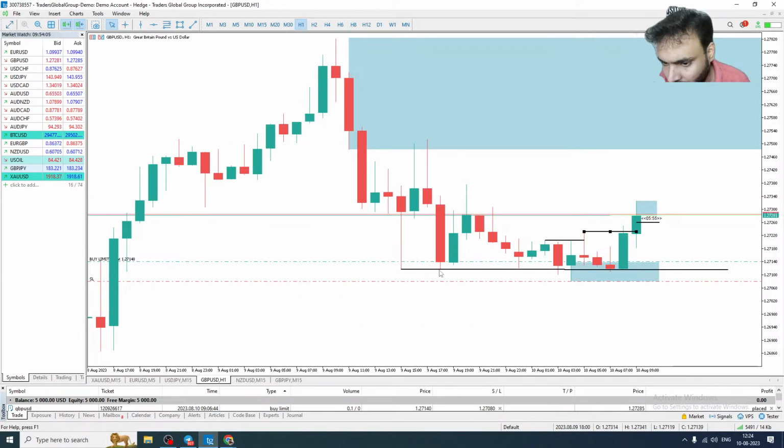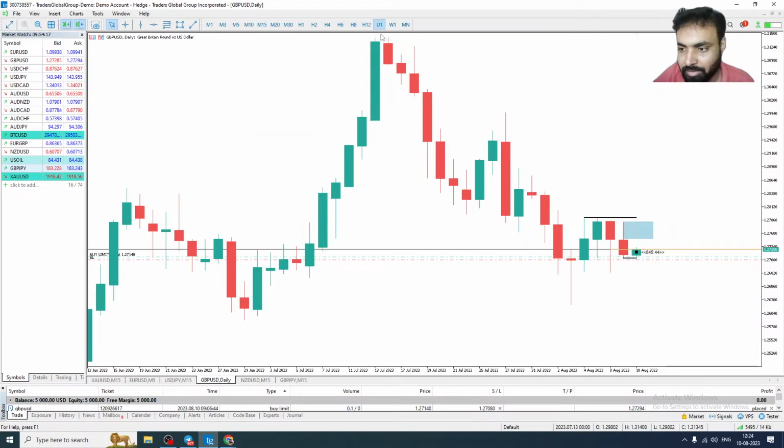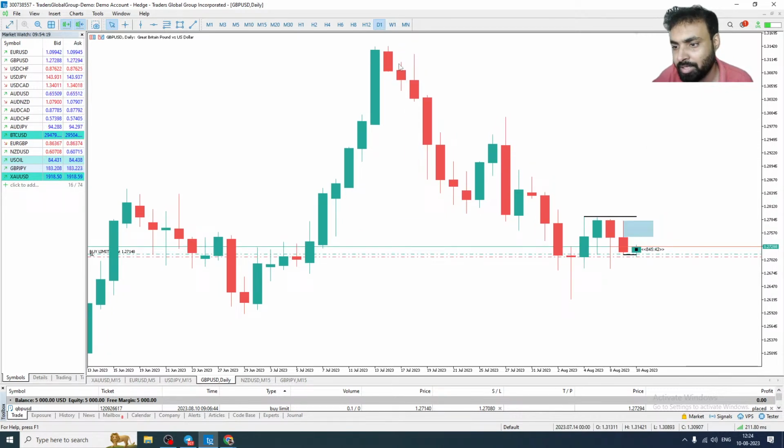Even though these levels are a little bit manipulated, price can still try to come down and take them, because the original direction is bearish. Original direction of the market is bearish. You can see it's been bearish for a long time.